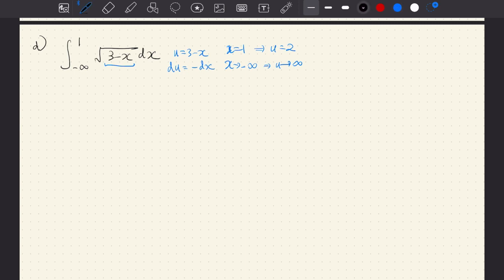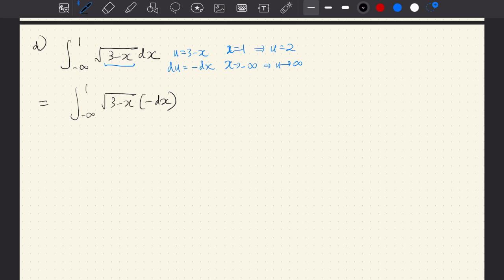Okay, so remember that after we do the u substitution, we also have to change the limit of integration. And sometimes this limit of integration may be positive or negative infinity. So here we have the integral from negative infinity to 1 of the square root of 3 minus x. Before we do u substitution, we have to prep our differential.